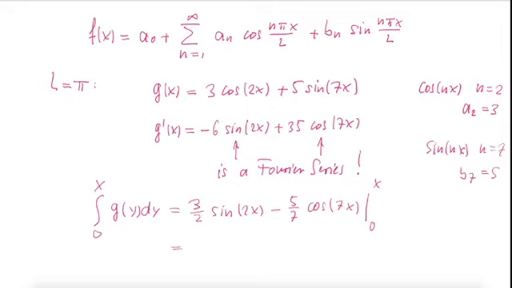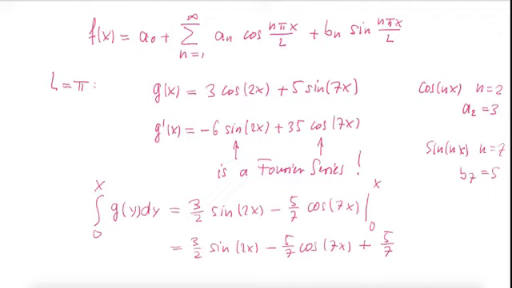So then we substitute. First we substitute the x, so we have 3/2 sine of 2x minus 5/7 cosine of 7x. And then we substitute the 0. Sine at 0 is 0, but cosine is not. And we get minus and minus, which is plus, so plus 5/7. Cosine at 0 is equal to 1.